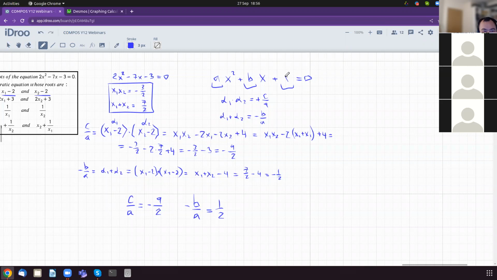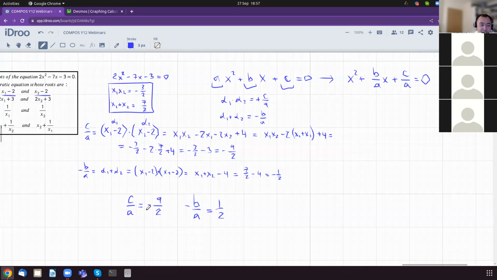One thing you need to understand is that if you divide the equation by A, nothing changes. It becomes x squared plus B over A x plus C over A equals 0. It's the same equation, just written differently.